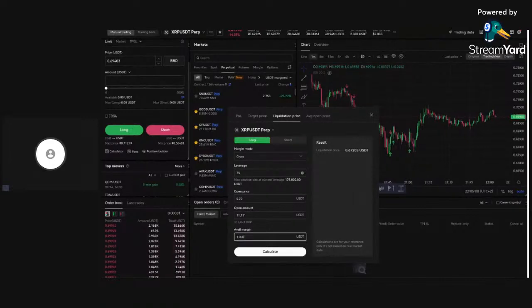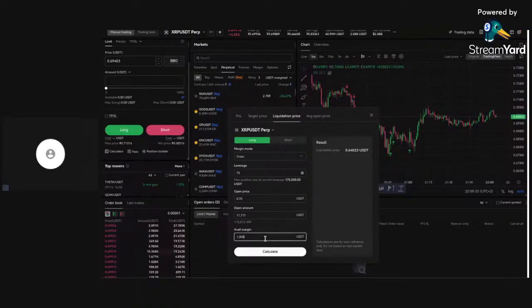So as a rule of thumb, what I always do is make sure I have about 10 times the amount of money in my available balance on top of the trade that I have open. So if I open up a trade for $1,000, I want at least $10,000 in my account balance also.